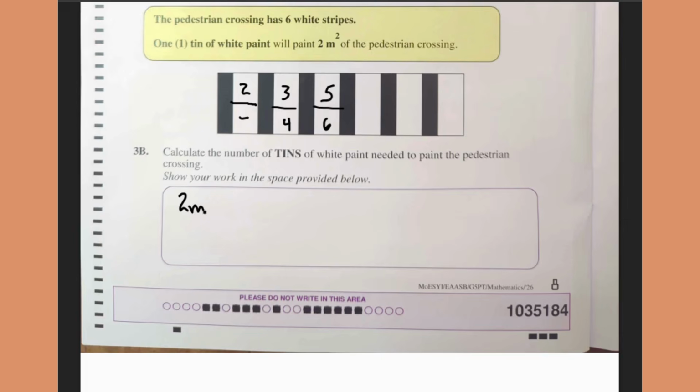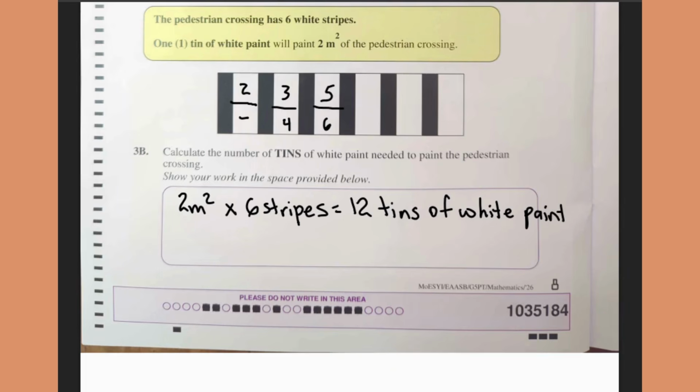So 2 meters square times the 6 stripes, that would allow us to know that we'll need 12 tins of white paint. So we're going to need 12 tins in all, because one tin can only paint a half of the stripe.